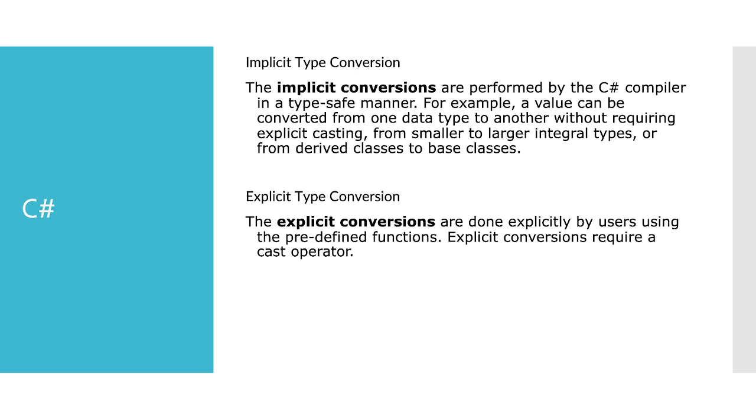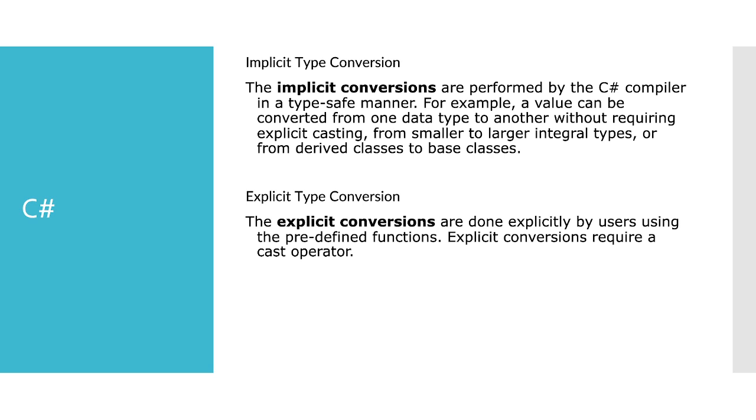We are not doing any explicit casting to convert one data type to another data type. That is called implicit conversion. And in the explicit conversion, we are explicitly adding the cast parameter.